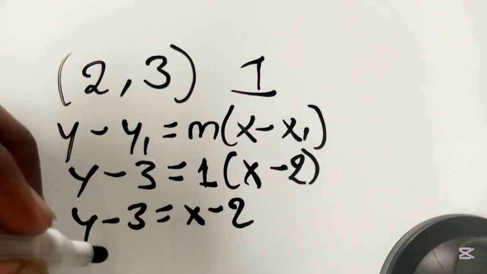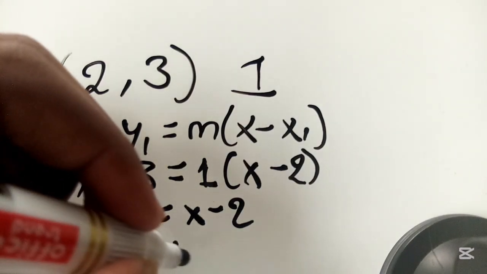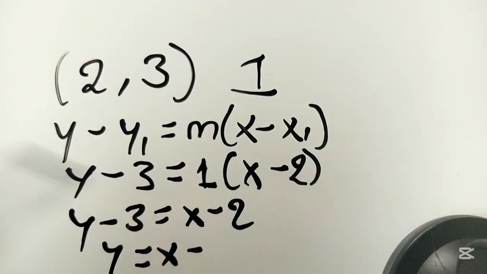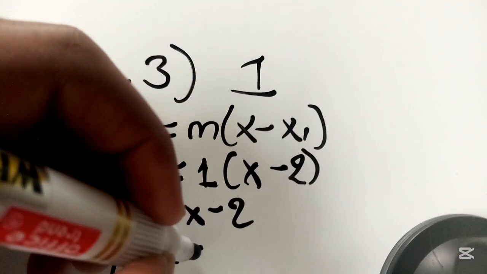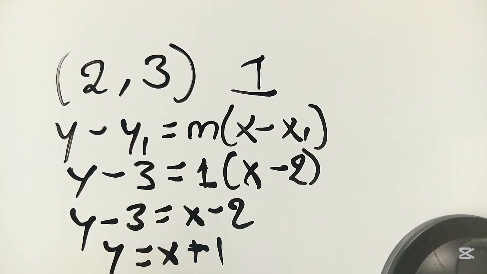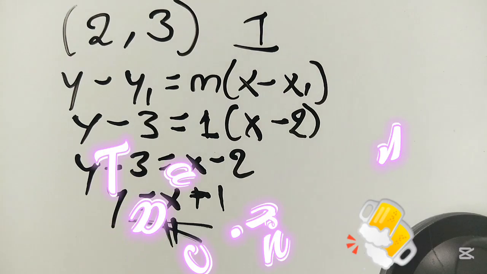Our equation is going to be y is equal to x minus, this will go to that side, so it will be negative 2 plus 3, which will give us plus 1. Therefore, our equation will be y is equal to x plus 1.